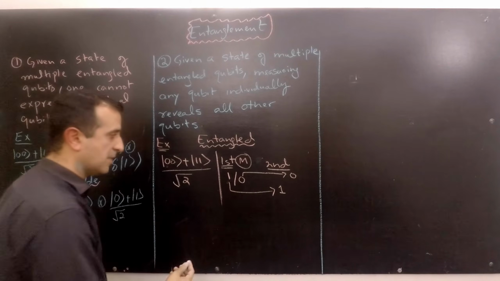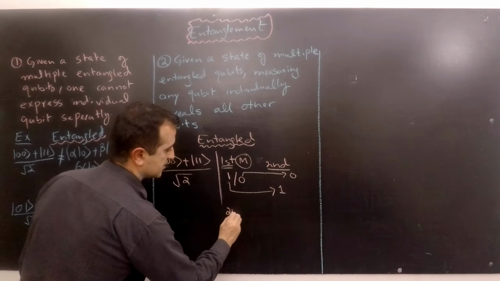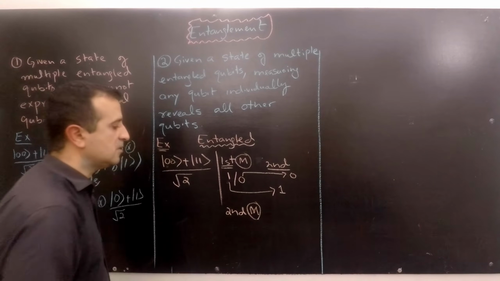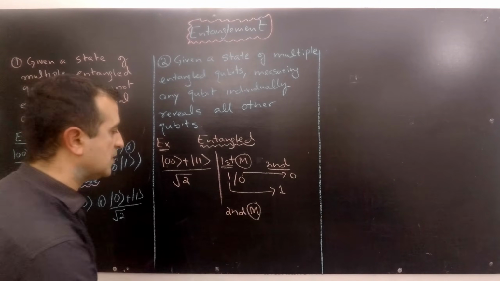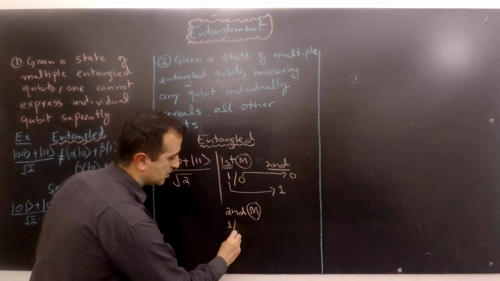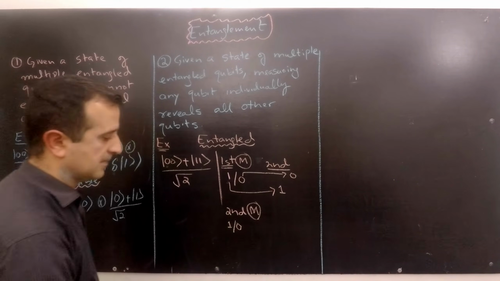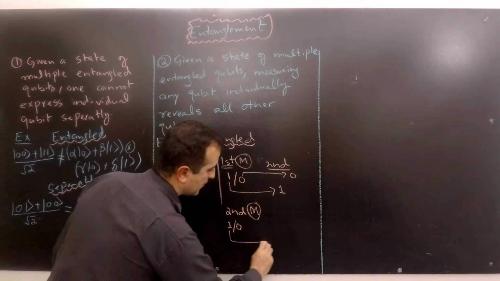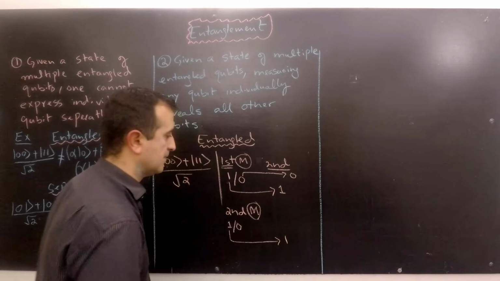Similarly, we can measure the second qubit first, and the result will also be either 1 or 0 with equal probability. And if the second qubit is 1, then the first qubit will also be 1.